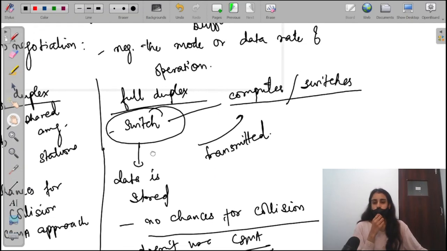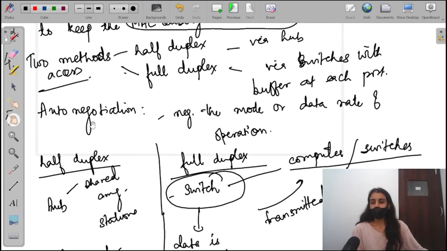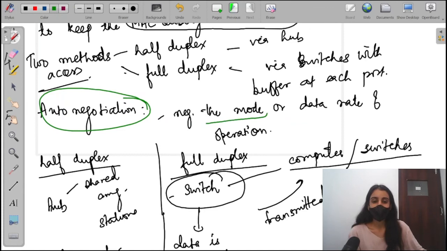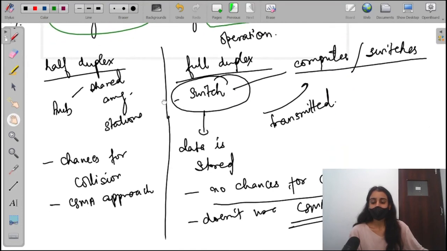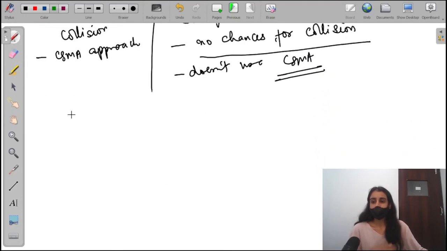There is one more important feature that was added in Fast Ethernet, that is auto negotiation. What that means is that the medium negotiates the mode or the data rate of operation. How it helps is that it can connect to incompatible devices.